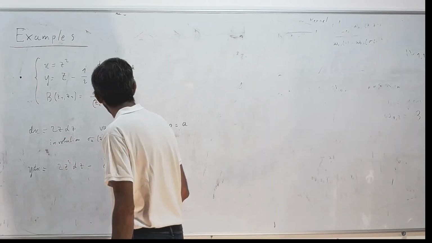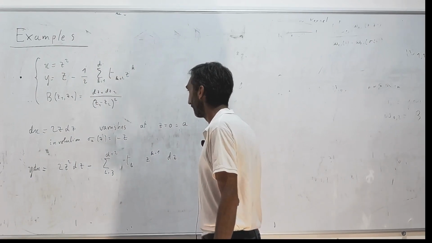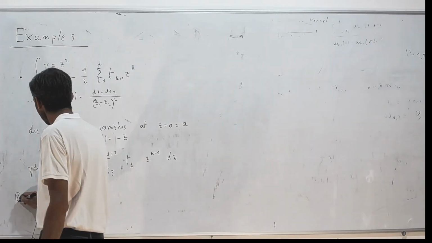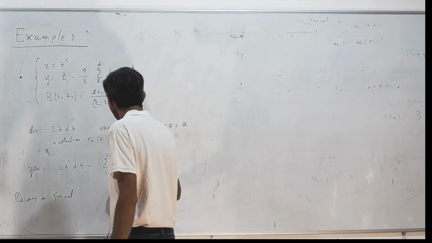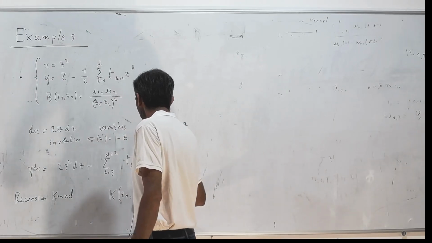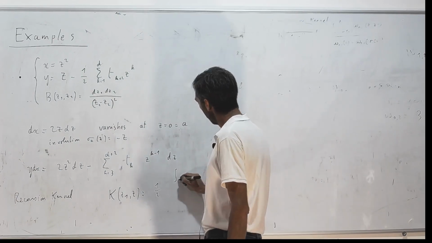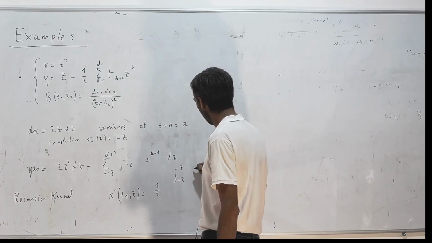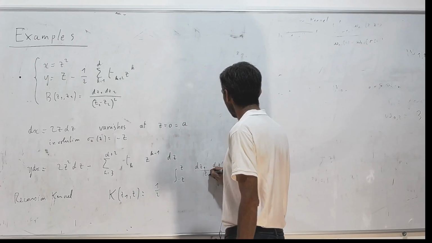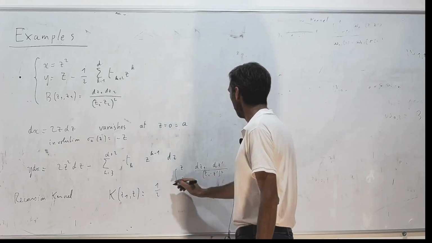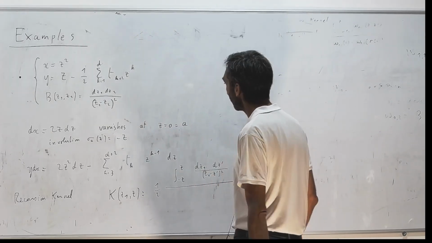So let's compute the recursion kernel. K of z1, z is 1/2 of the integral from minus z to z of dz1 dz prime over (z1 minus z prime) squared, over y dx evaluated at z minus y dx evaluated at minus z.